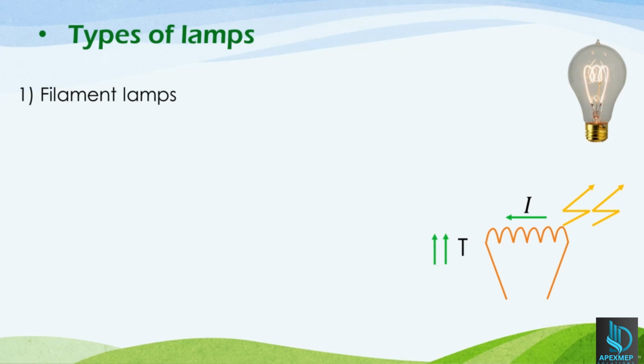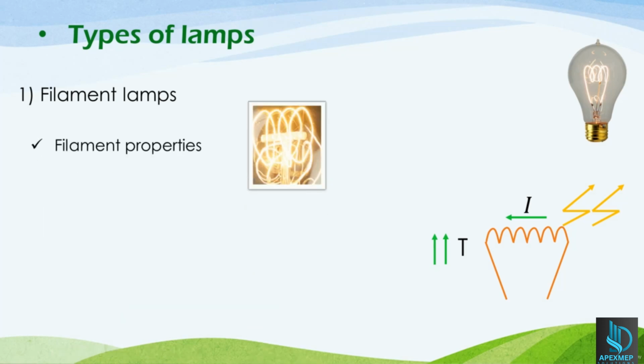But this filament material itself must have some specific properties to do its job well. So the first property of the filament lamp is that it must be made of a material that is capable of increasing its temperature highly, like the tungsten material, and the aim of that is to produce the required light. As when its temperature increases, the lamp produces a larger light.